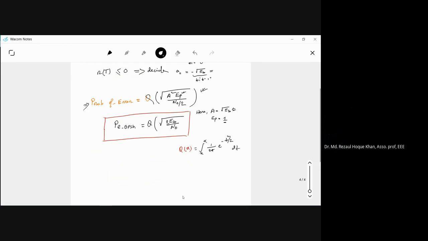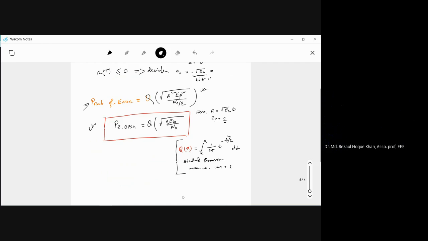This is the probability for a standard Gaussian with mean 0 and variance 1.